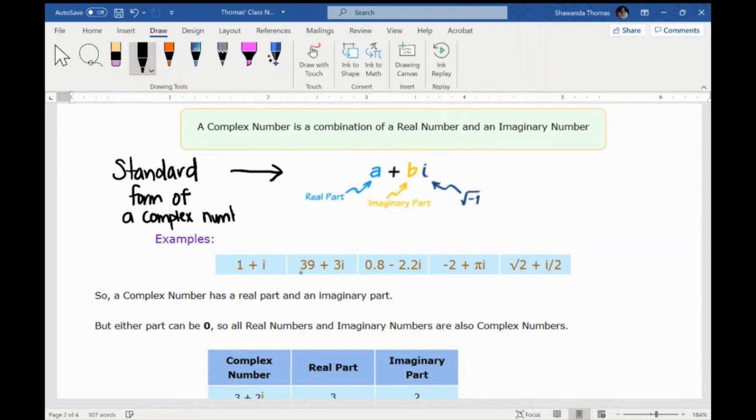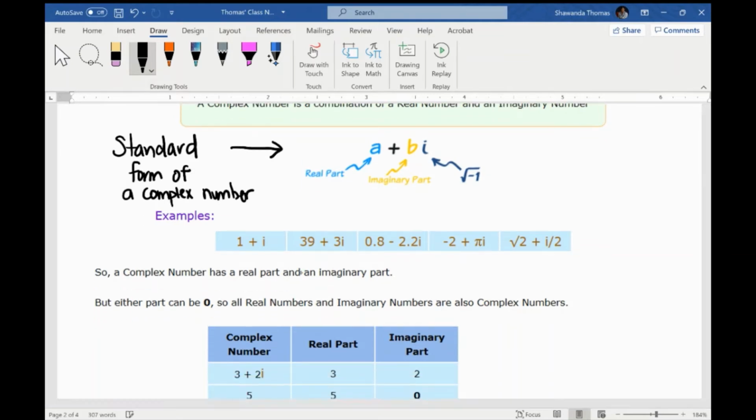There is a real part, that's the a, that's what's in blue. And there's an imaginary part, that's the b, that's attached to the i. So the number that's attached to the i is called the imaginary part. And we already know that i is equivalent to the square root of -1.